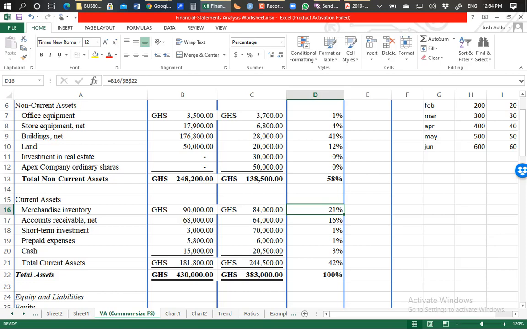Thank you. So what we said was that every other item in the statement is being compared to a base item, and for the balance sheet, or the statement of financial position, the appropriate one is the total assets. If you are doing it for the income statement, the appropriate base item has been the sales revenue.